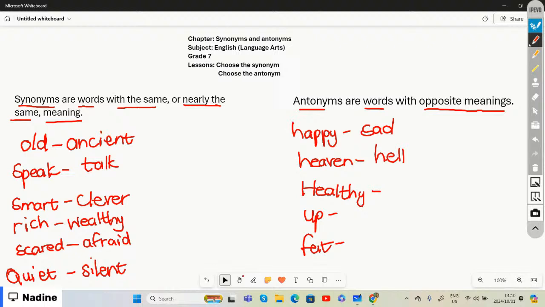Heaven or hell. You're either healthy, or the opposite of healthy.